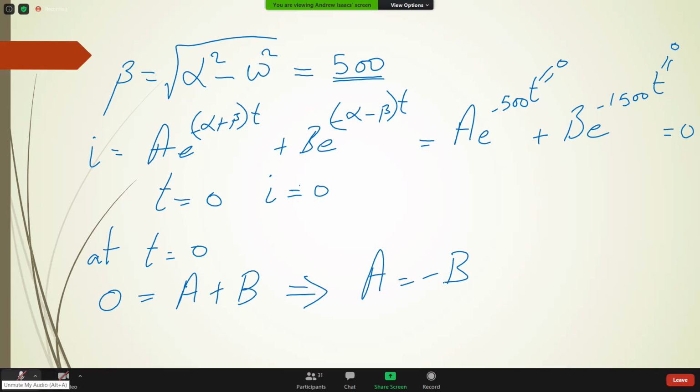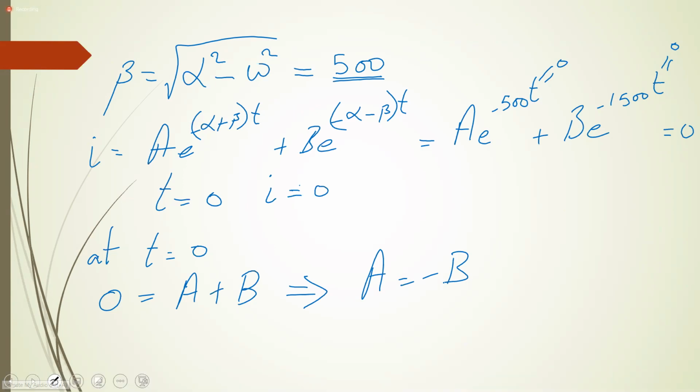Now we have two unknowns, so obviously we have to consider at least two conditions for the circuit. We have looked at the current at t equals 0, but we can also look at the voltage. When I close the switch, what did we start out by saying in general for RLC circuits?